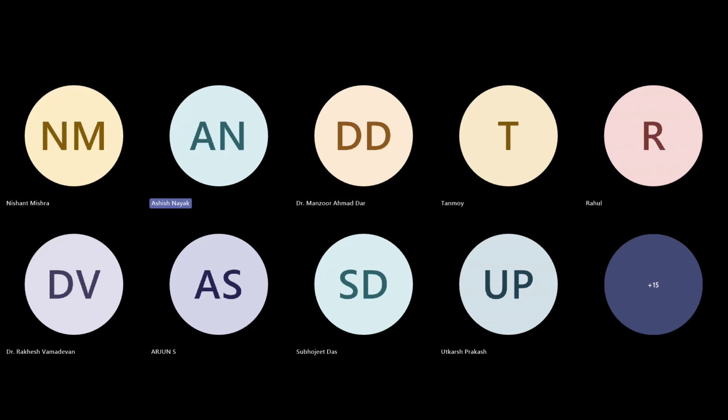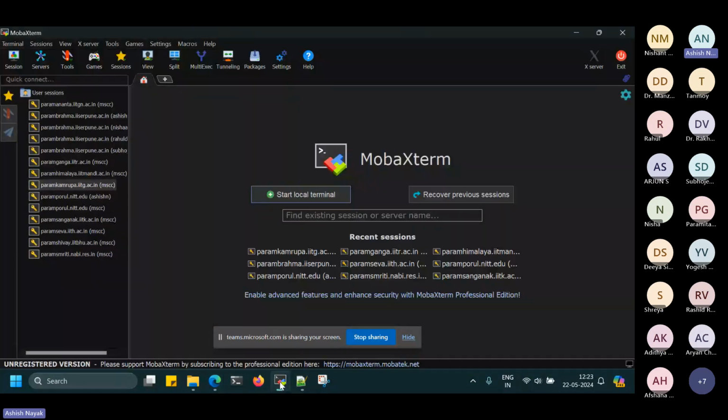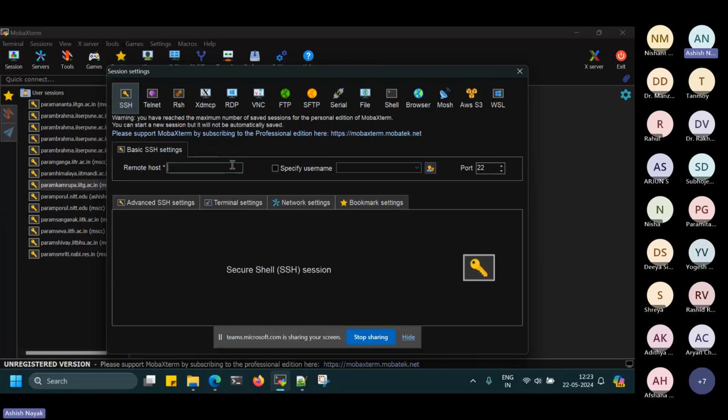Hello everyone. I'm going to log into the Param Kamrupa system from MobaXterm, and I will be sharing my screen so you can follow along. Click on sessions, and then go to SSH.